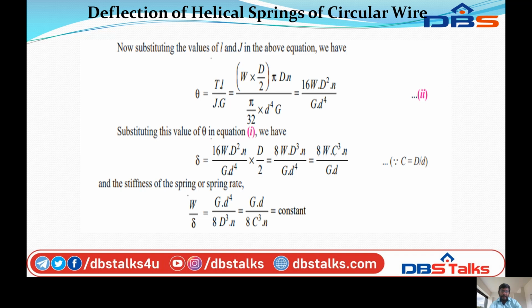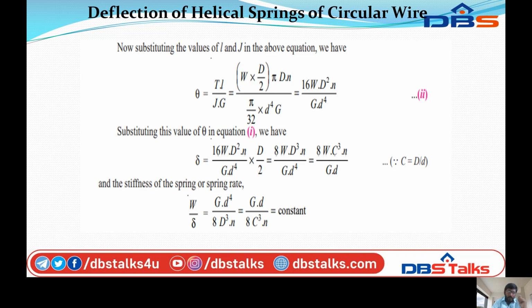So we can calculate the pi on top and bottom. So this 32 will cancel with 2, giving 16. Thus, 16 W D square into N by G into d power 4. This is equation number 2.